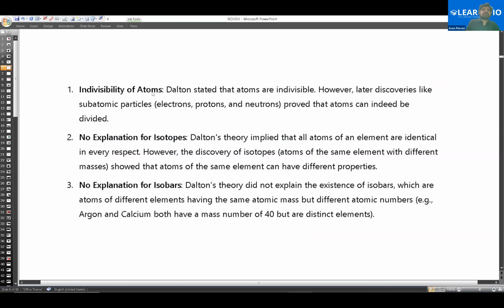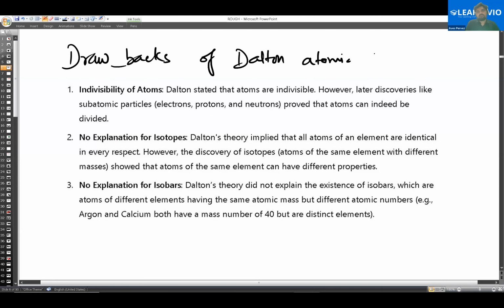Write down the drawbacks of Dalton's atomic theory. First memorize it fast and then you start writing, please. First memorize it. Drawbacks of Dalton atomic theory.